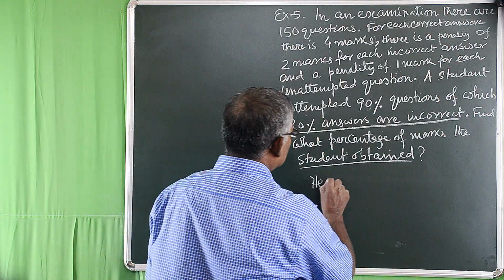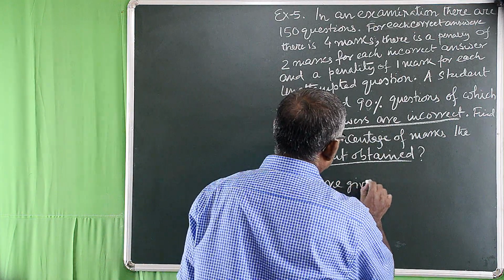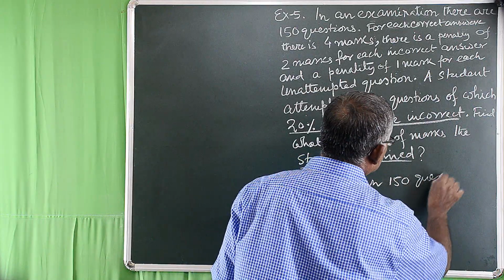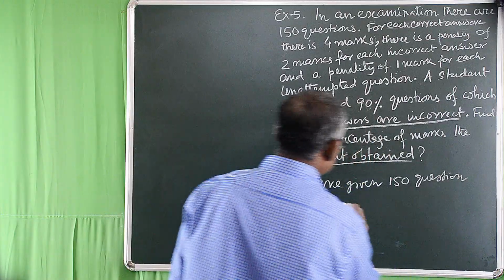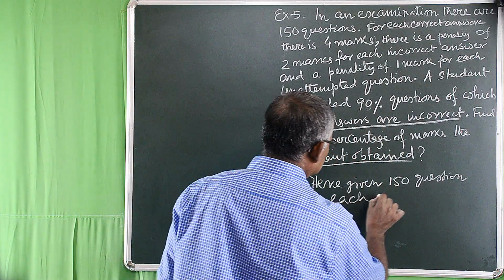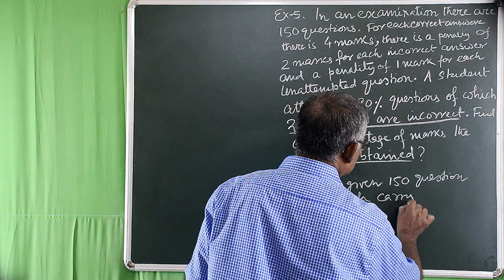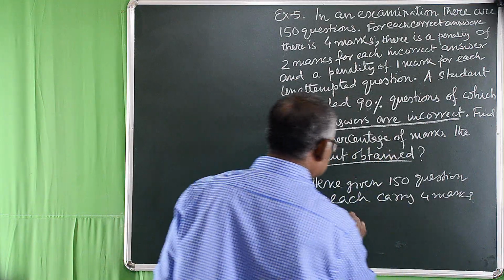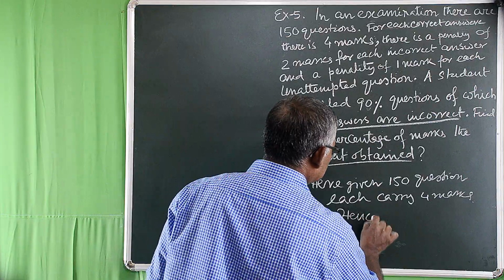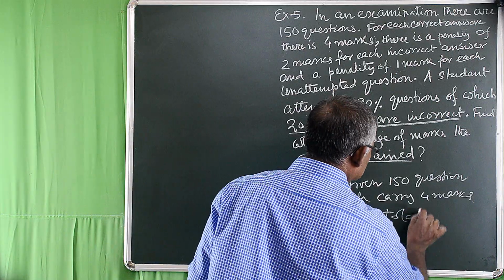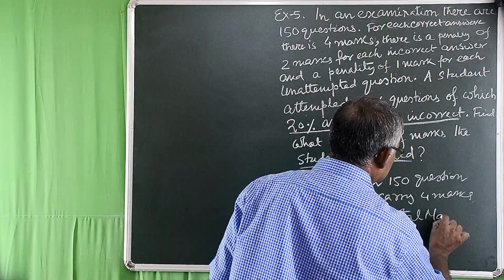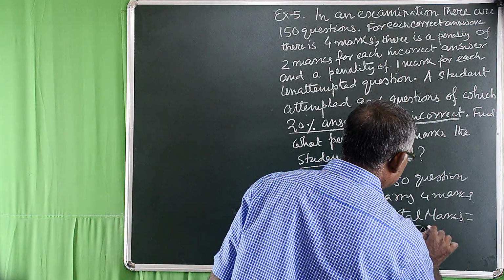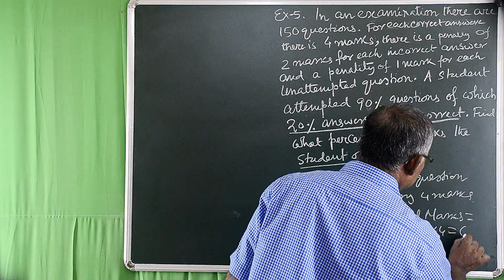Here given 150 questions, each carries 4 marks. Hence, total marks equals 150 into 4 equals 600.